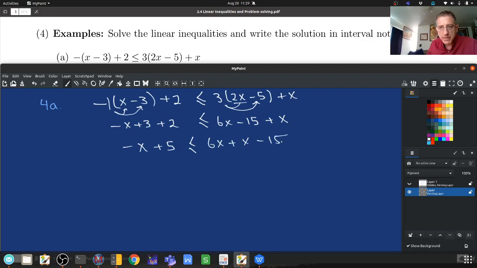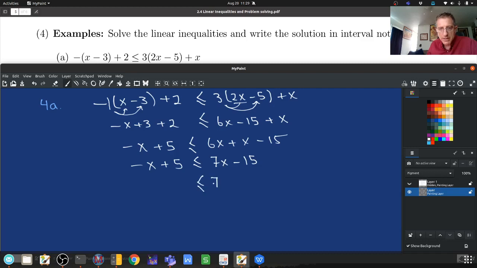you can skip some of these steps if you want. So again, I'm going to simplify the right-hand side of my inequality. 6x plus x is 7x minus 15. So here you want to make the right choice. I don't want to deal with the possibility of flipping the inequality symbol. So I'm going to move the minus x over to the right-hand side, and it becomes plus.